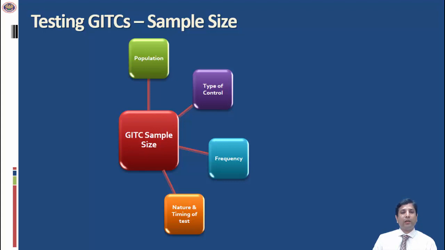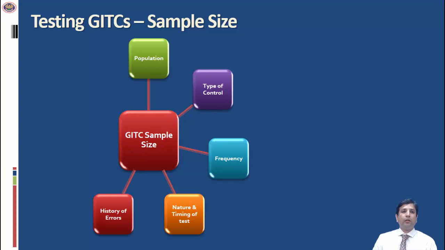If we are doing a control test by examination, we may want to pick up slightly higher sample size. If we are doing a test of control through reperformance, we may go for a lesser sample size, because reperformance gives us more assurance as compared to inquiry or examination. Hence, the nature of test of controls determines the size of sample that we can take.